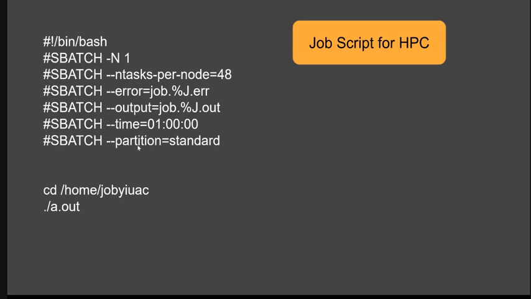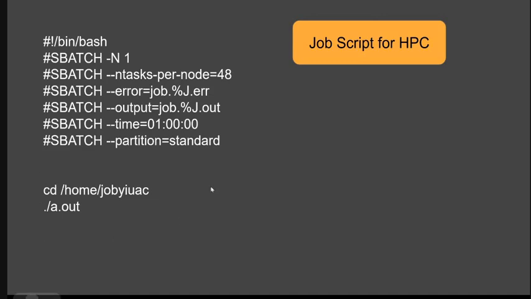Sbatch minus minus partition means which node I want to work in, and the partition is set to standard. Standard basically means I'm covering CPU and high memory nodes, and I'm leaving out the GPU nodes. So this is pretty standard stuff. There are not many changes across any language that you'll be working in.